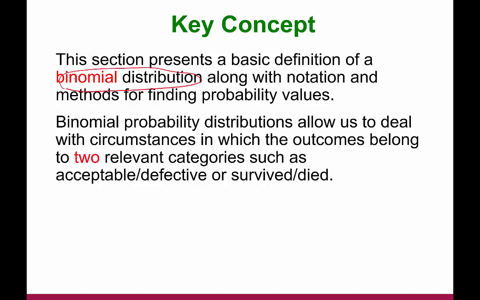The binomial distribution allows us to deal with circumstances in which the outcomes belong to two relevant categories, such as acceptable or defective, survive or die, or success or failure.